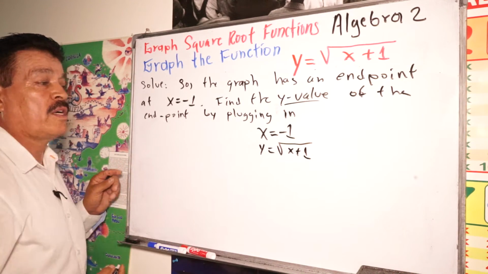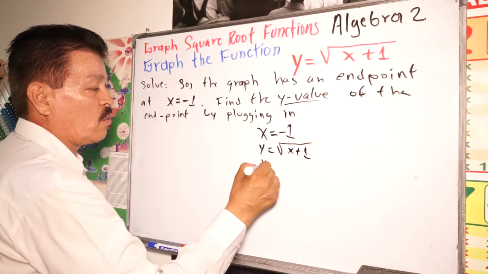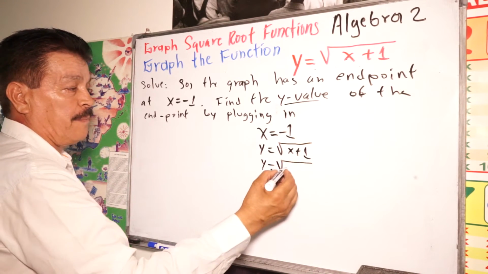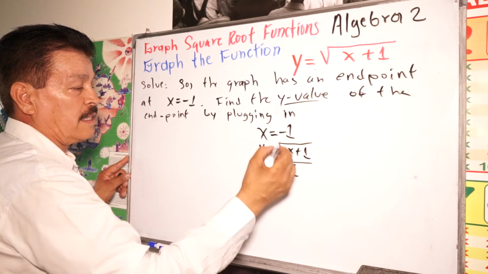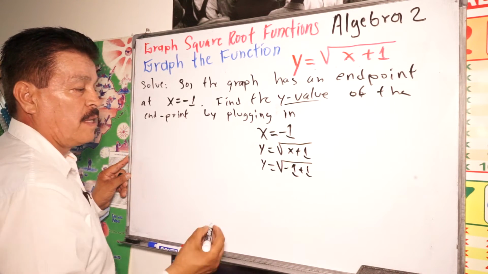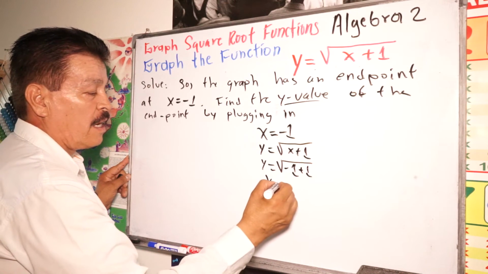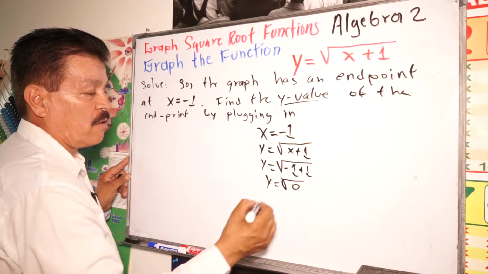You see, square root of x plus 1. So now substitute x equals -1. This is the value of x plus 1, so y will be equal to square root of 0.